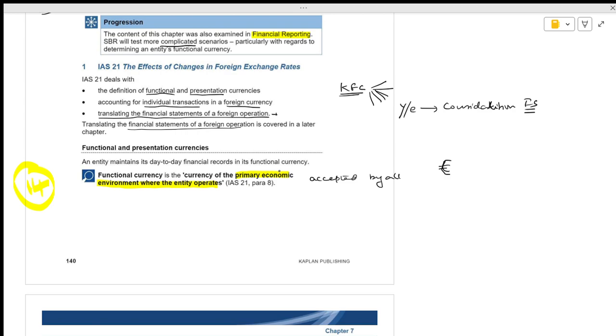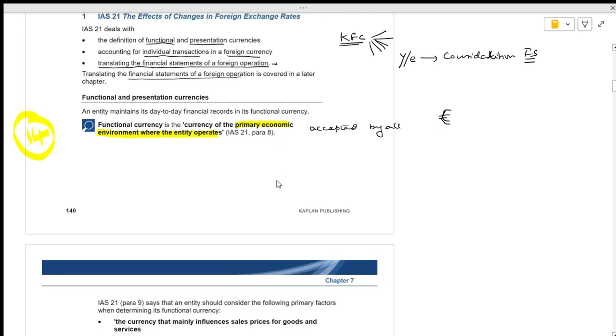If you take European Union, euro is the functional currency. If you take it globally, dollar is the functional currency, more or less. That is the reason. It is always dominated by how things will work in a business environment. So we call functional currency the primary economic environment.